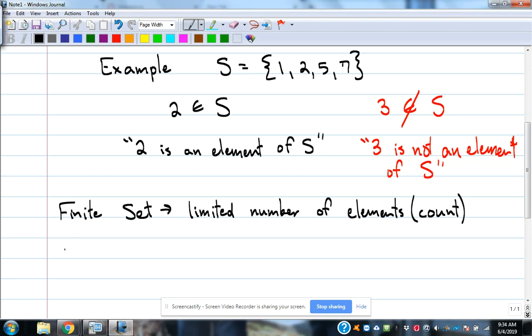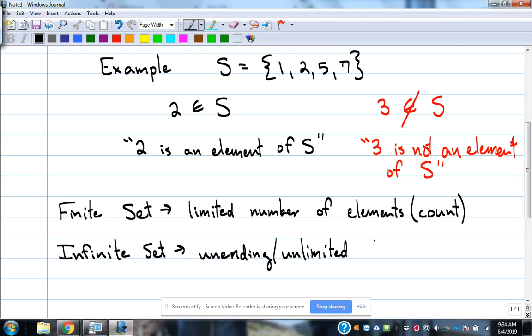An infinite set is unending or unlimited in the number of elements.